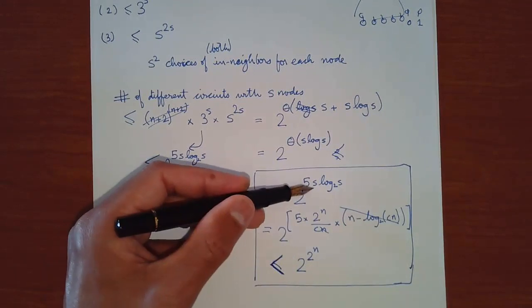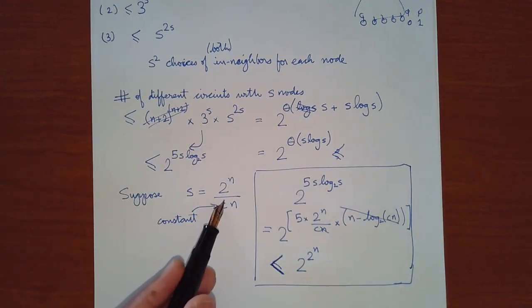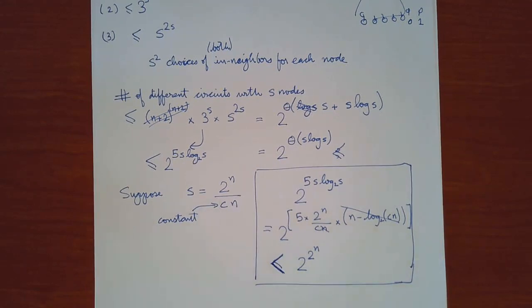The 2 to the s log s, when s is 2 to the n divided by Cn, then the whole thing computes to be less than the total number of functions.